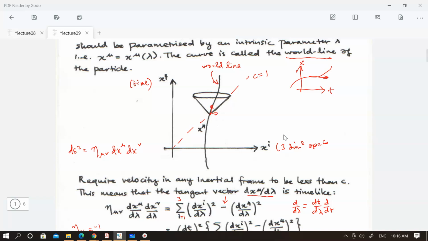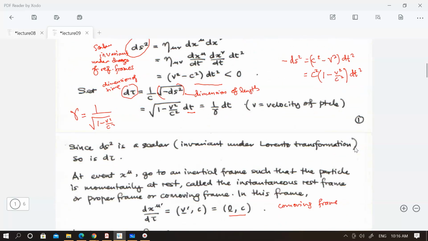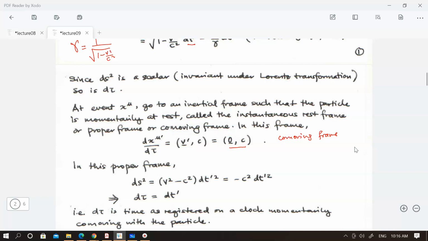So in the reference frame of this co-moving frame, which moves together with the particle, the particle is essentially stationary. So when it's stationary, your velocity is equal to 0, and your time is just given by this component c there.